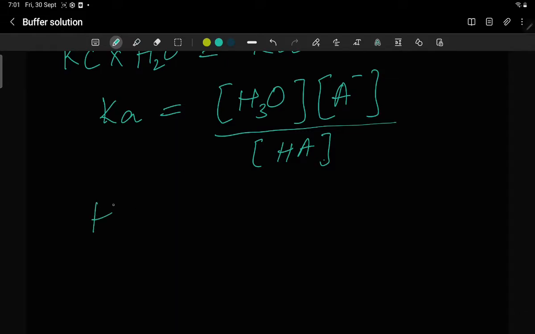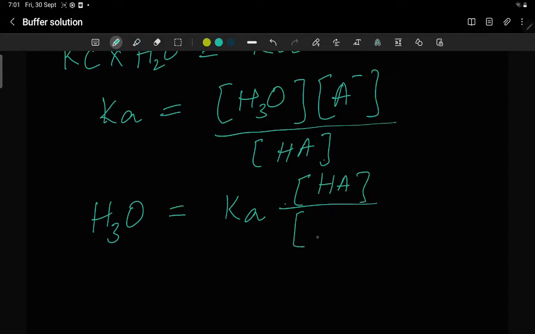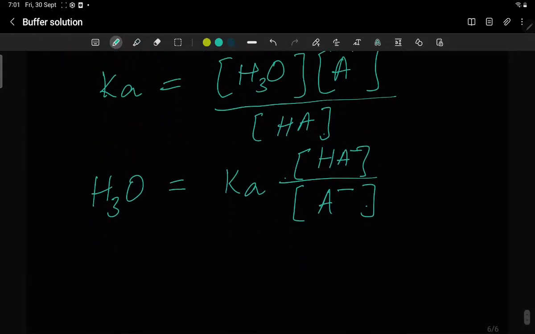And H3O positive is equal to Ka times the concentration of acid over the concentration of the base, the ethanoate ion, the conjugate base.